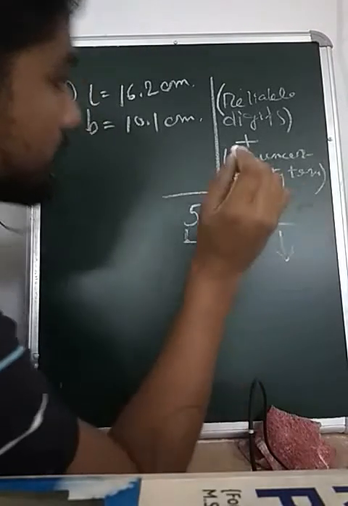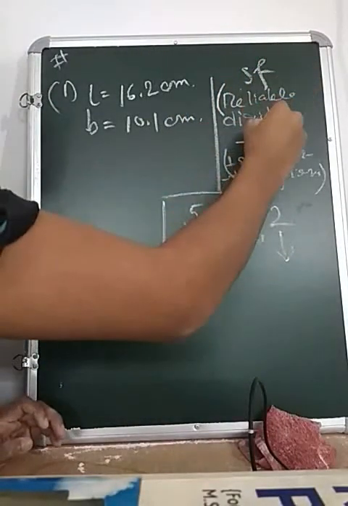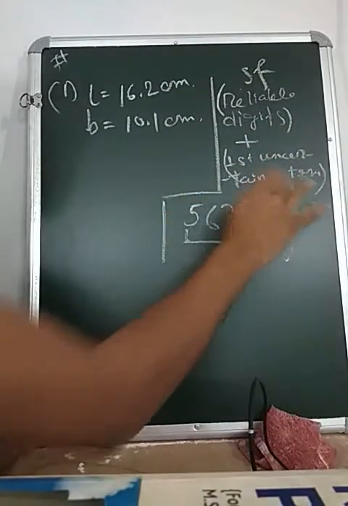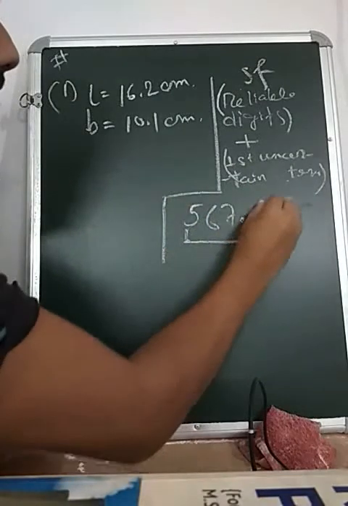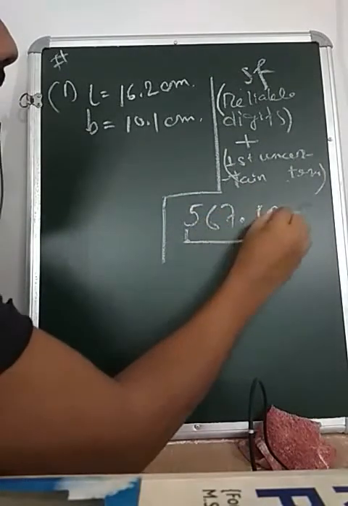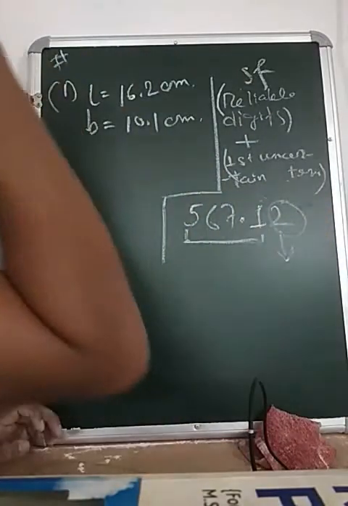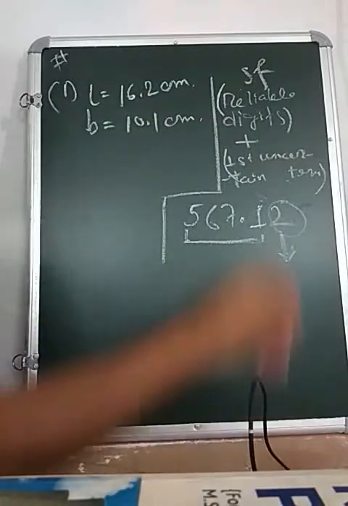This is how we represent a significant figure: reliable digits plus the first uncertain term. In the example, up to these four are reliable digits, and the last term actually contains the error.